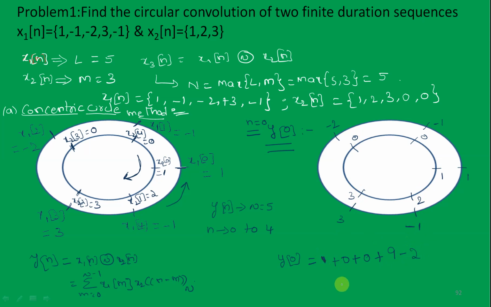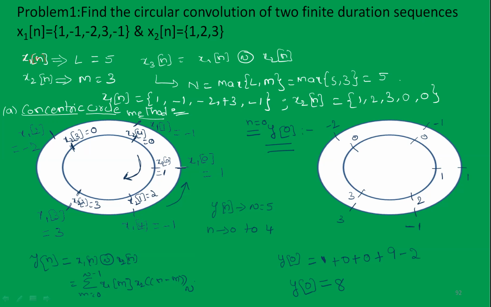What is the answer here? 9 plus 1 is 10, minus 2 is 8. So y of 0 is equal to 8. In this way we can find the circular convolution output samples.